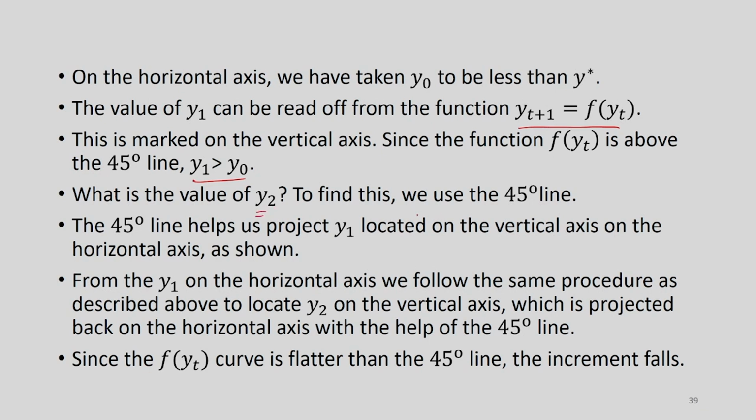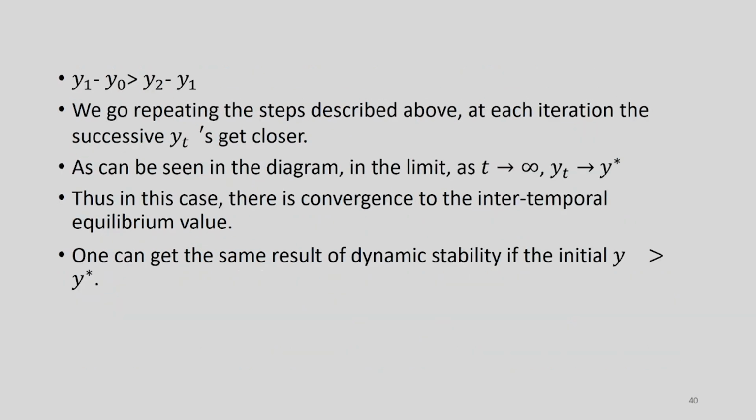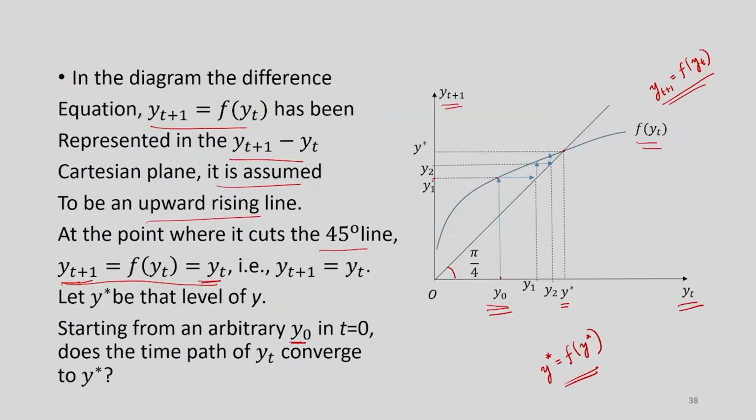To find this, we use the 45-degree line. The 45-degree line helps us project y1, which is located on the vertical axis, onto the horizontal axis as shown. So, here is y1, and I am projecting this on the horizontal axis. How am I doing that? I am taking this y1, going to the 45-degree line, drawing a vertical straight line, and reading y1 from the horizontal axis.